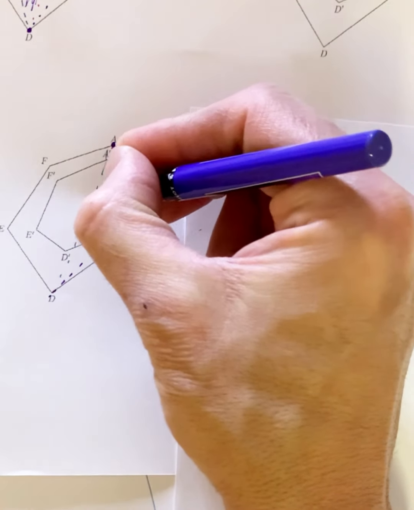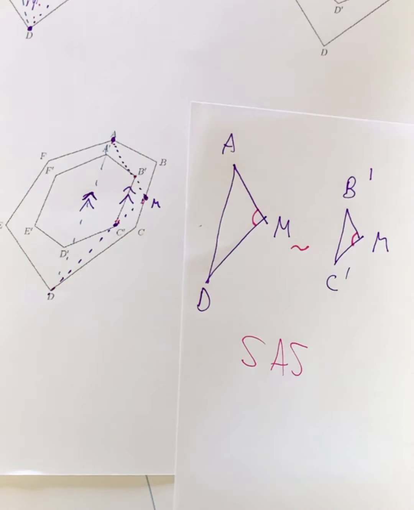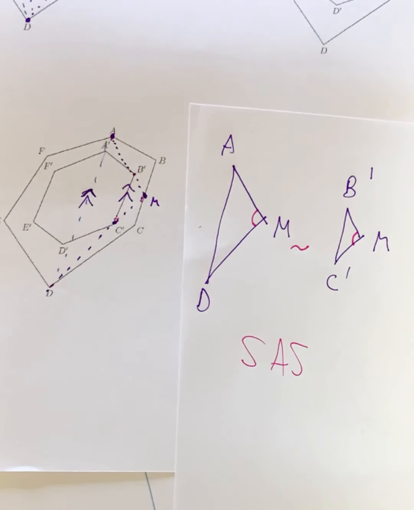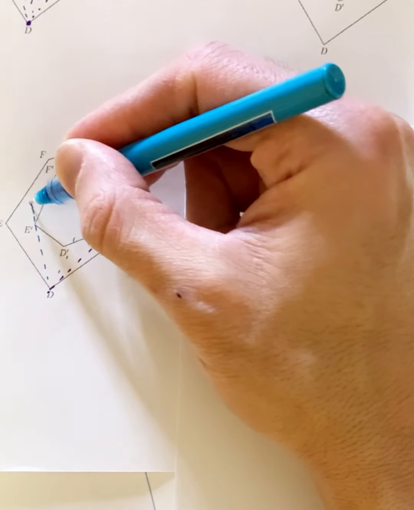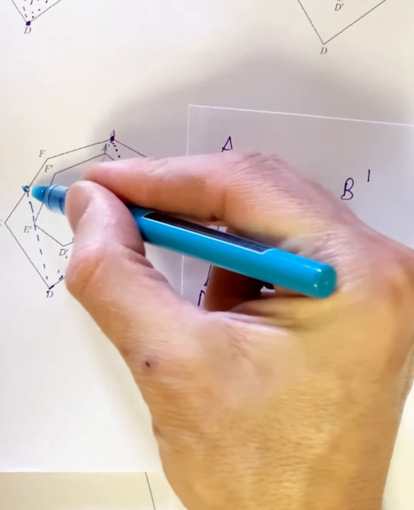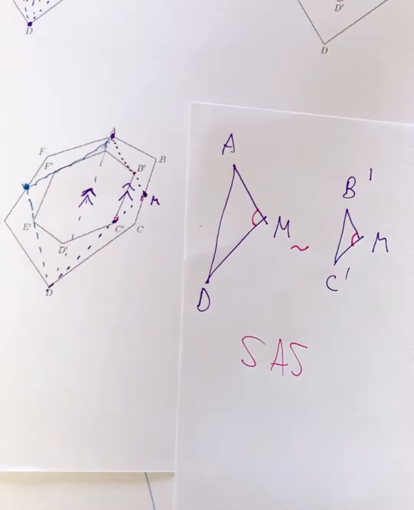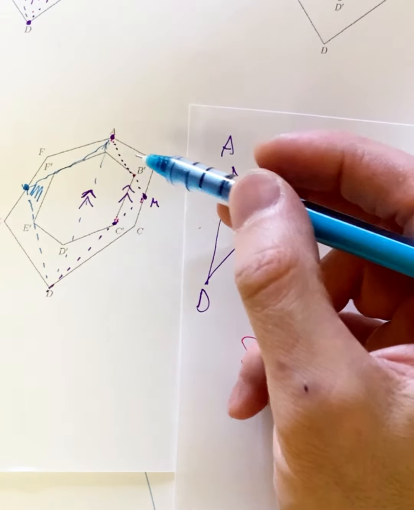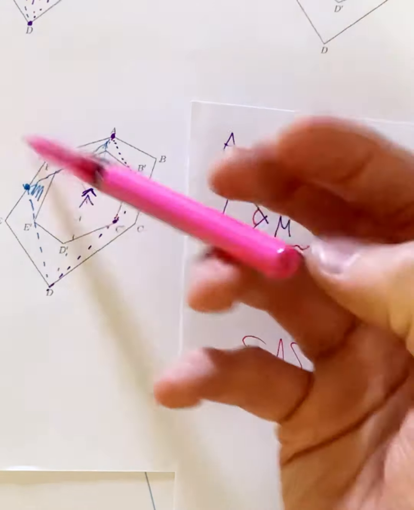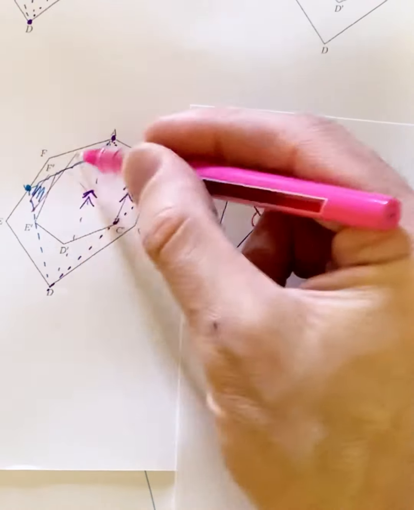And that is key because it can be shown, similar to what we've done, that if you do this here, like that there, and if you do this here, like that there, this little blue is similar to this larger pink.